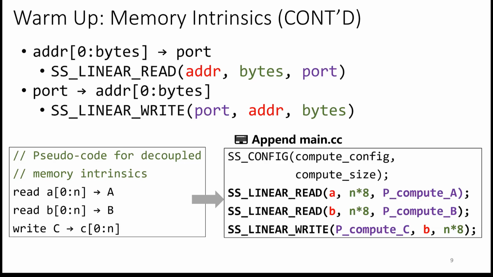Which is ln -s, Gem5 for DSA-Gem5, from source to destination, right? It will create a DSA-Gem5 link, which represents the Gem5 folder. I apologize for this bug.